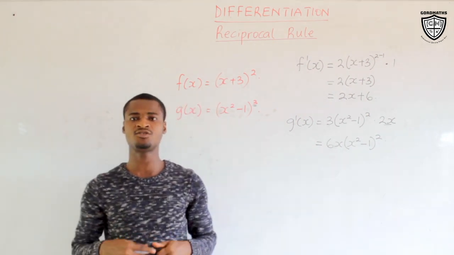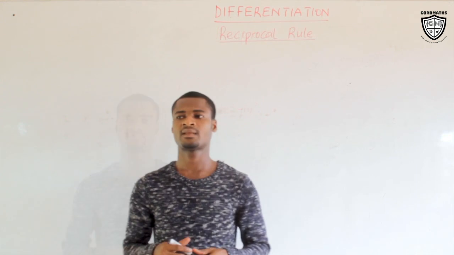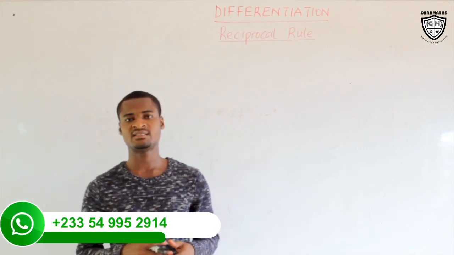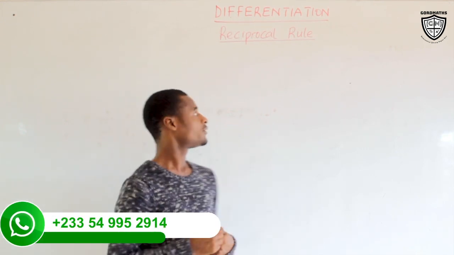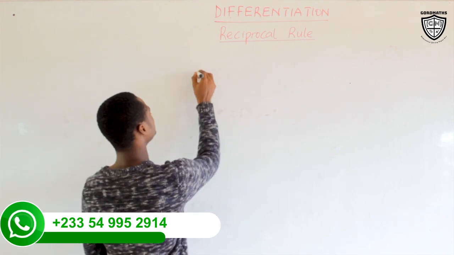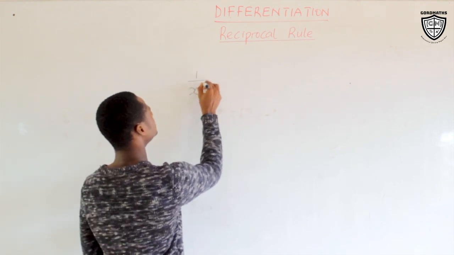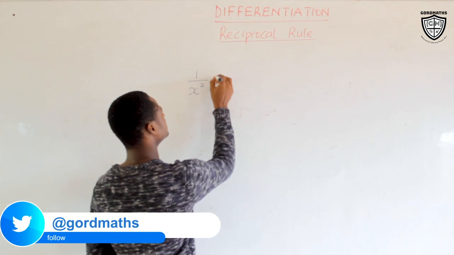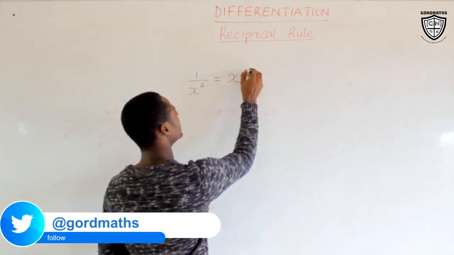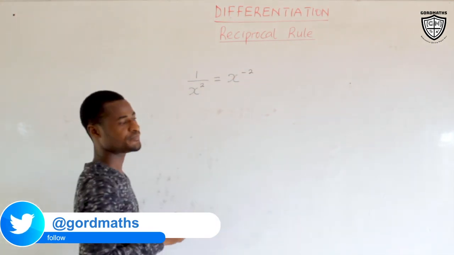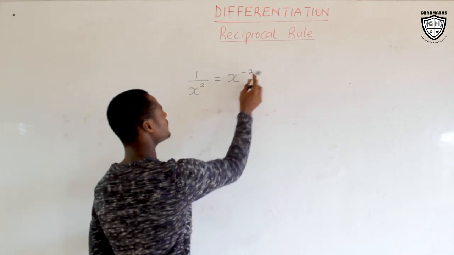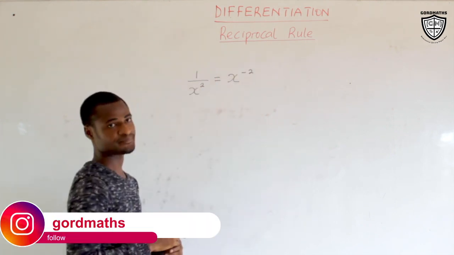Let's look at how to use the reciprocal. In our lesson on indices, we learned that when we have the expression 1 over x raised to the power 2, it is the same as x raised to the power negative 2. This is called the reciprocal of this function.